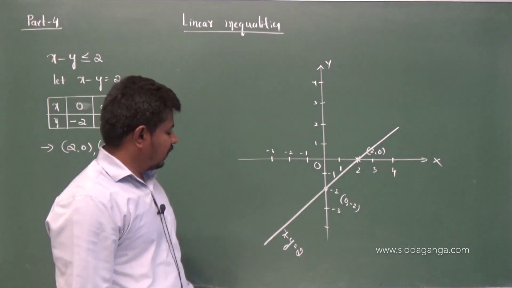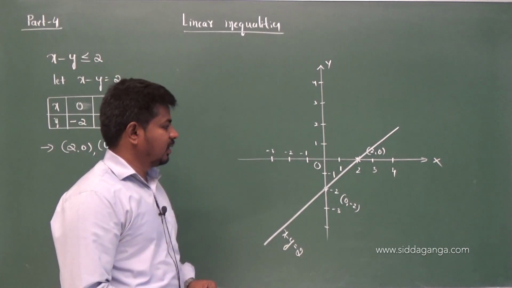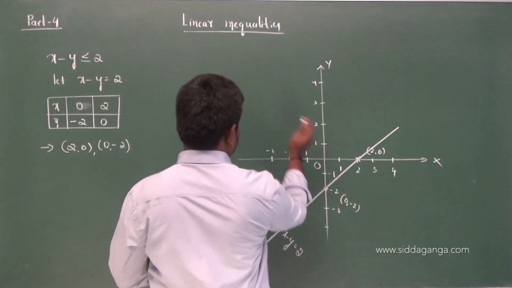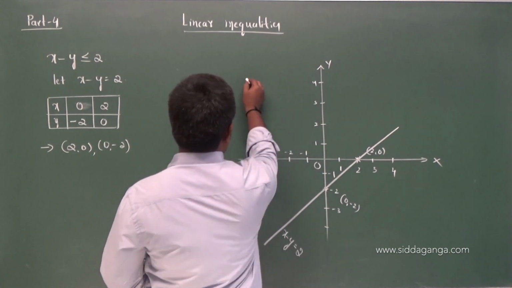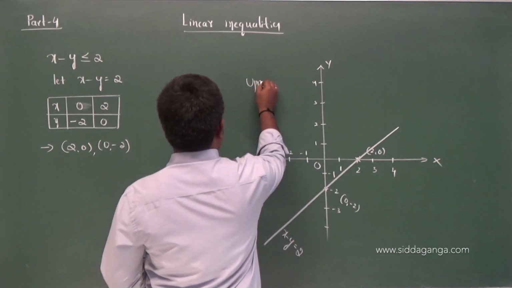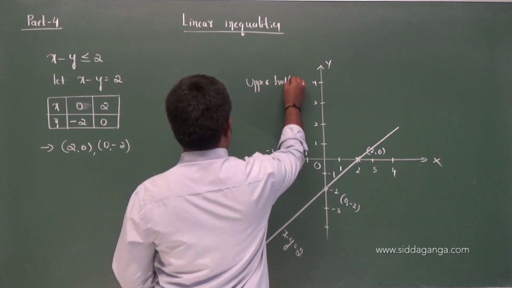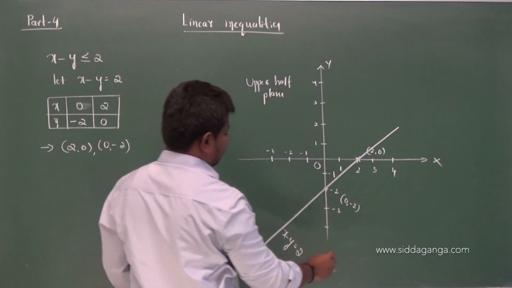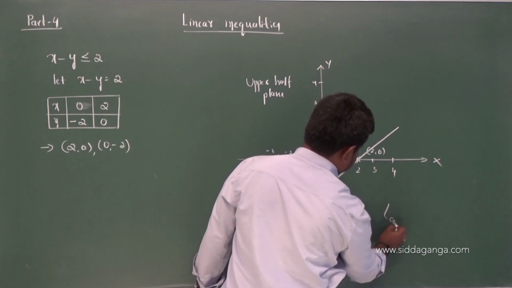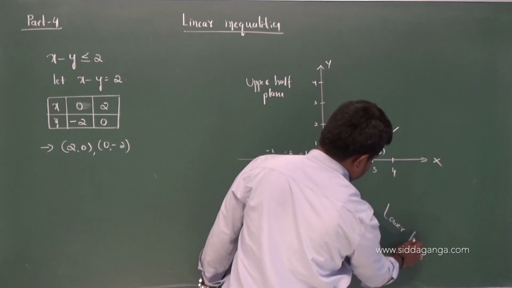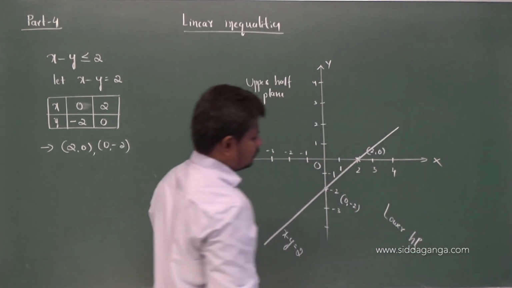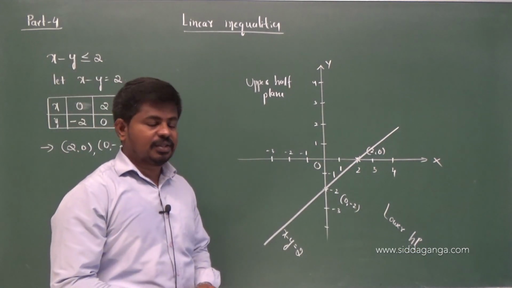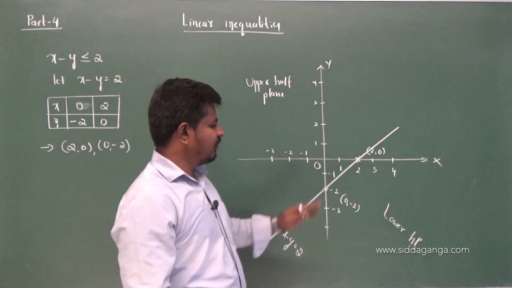Now the line x minus y equal to 2 divides the given plane into 2 parts. The plane above the line is the upper half plane, and the plane below the line is the lower half plane. To find the solution, the second step is considering any point from any plane.